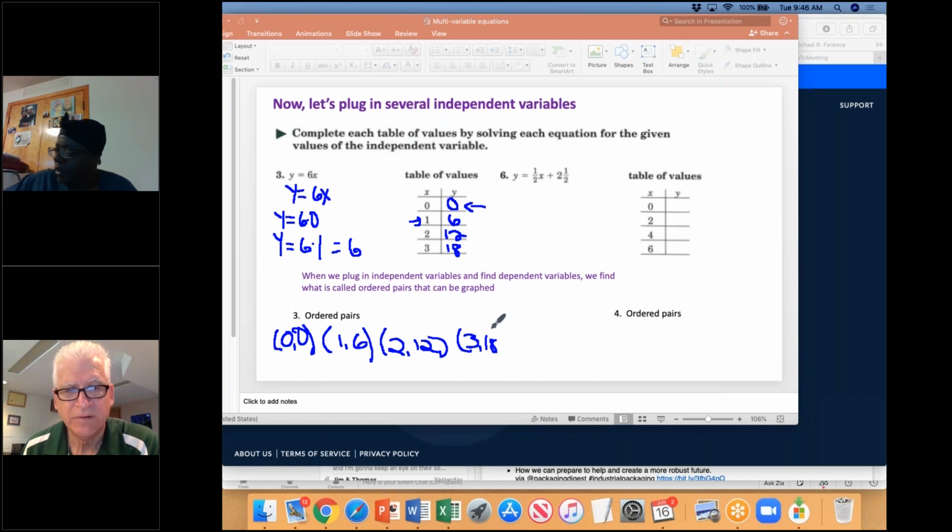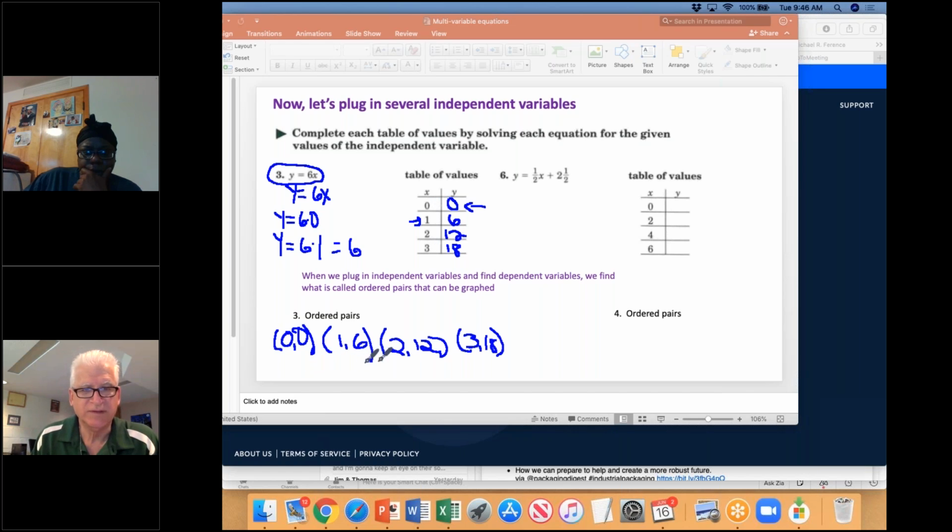So this function, y equals 6x, when I plugged in these 4 values, gave me these 4 sets of ordered pairs. And what we're going to see on the next page is that you can take those 4 ordered pairs and create a graph from them.